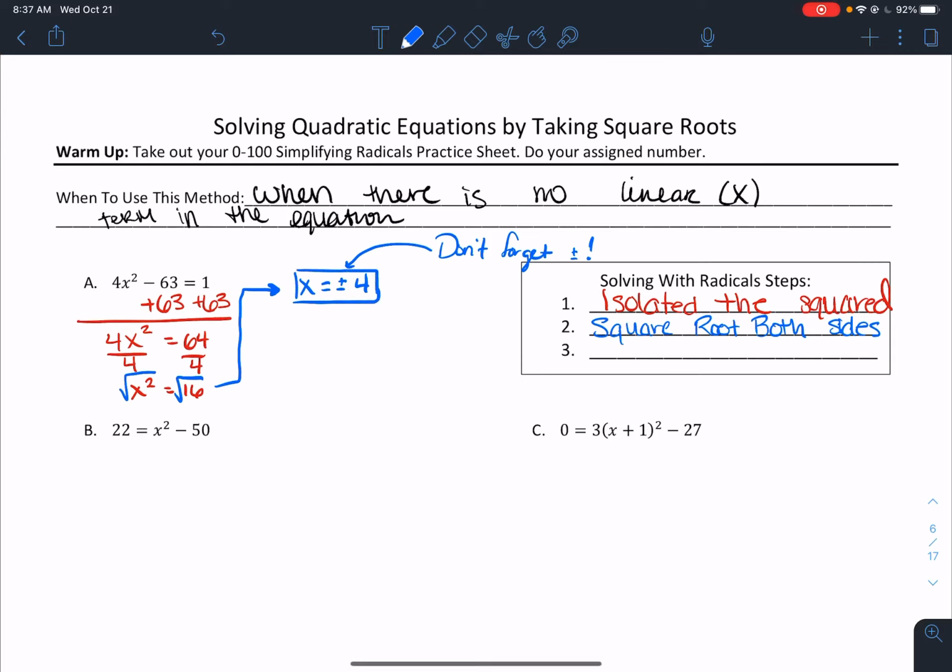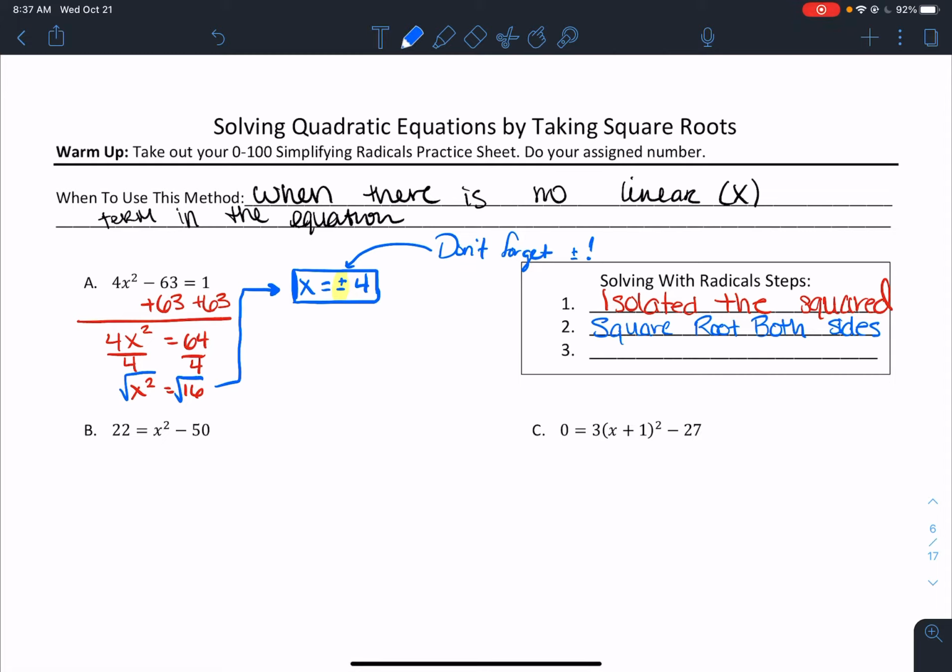But the square root of 16 could refer to positive 4 or negative 4, correct? It's really talking about what number squared is 16. Well, 4 squared is 16, but negative 4 squared is also 16. Negative 4 times negative 4 is still 16. If you were to plug either value back into the equation, both would work, but you would get 1 equals 1 either way. So we need to be careful to remember to include our plus or minus.